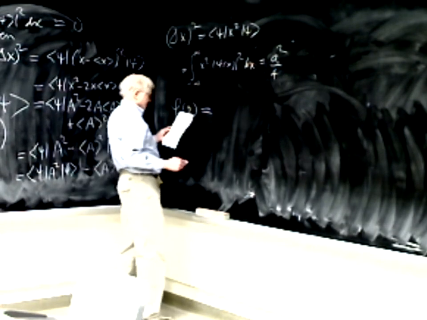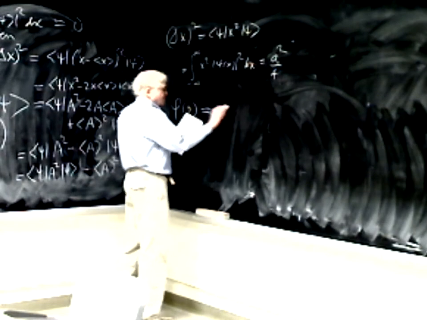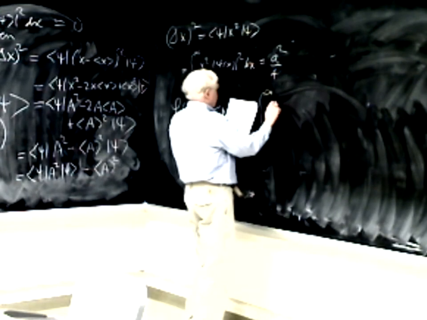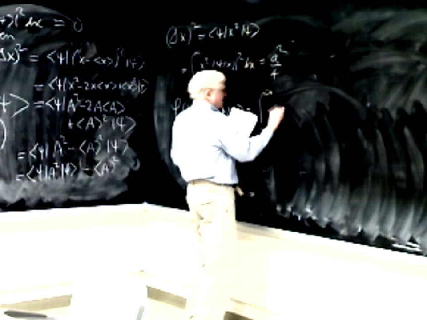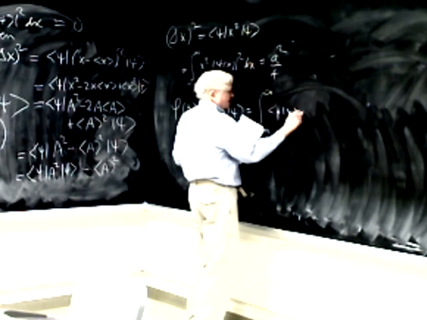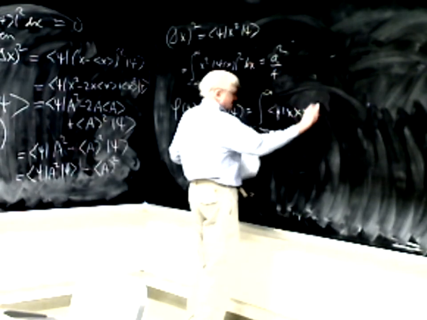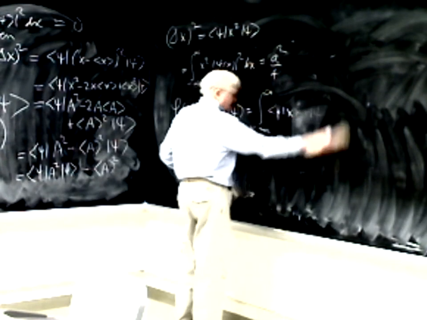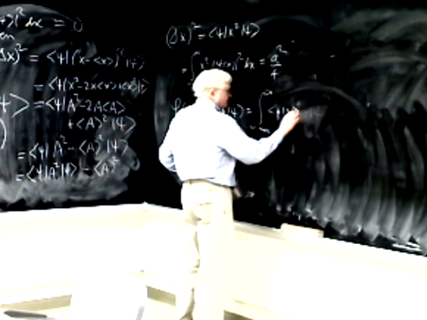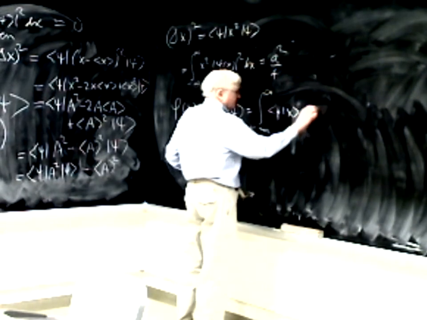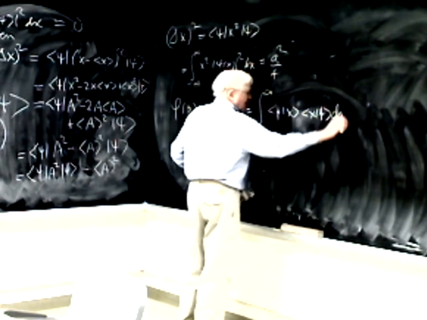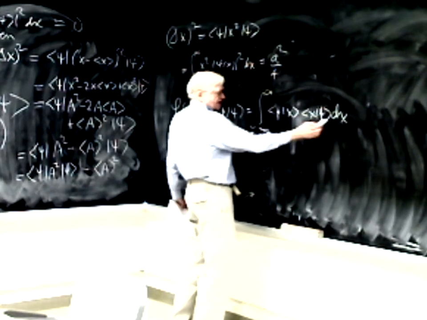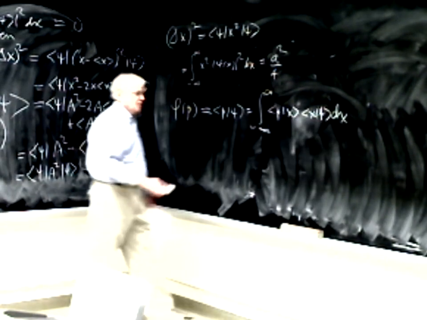Anyway, psi of p is the integral from minus infinity to plus infinity of the bra p with the identity inserted, where the integral of the outer product |x><x| dx is just the identity operator.